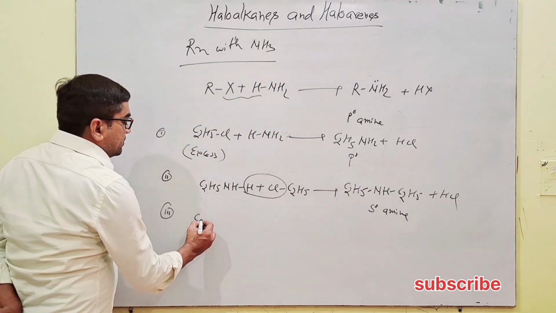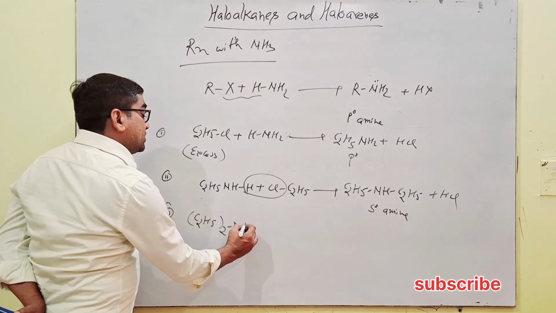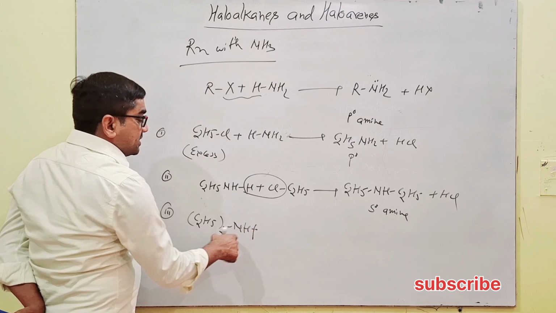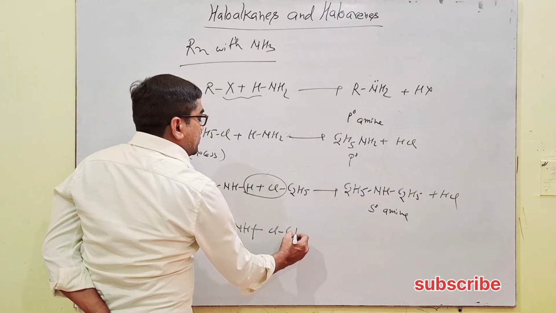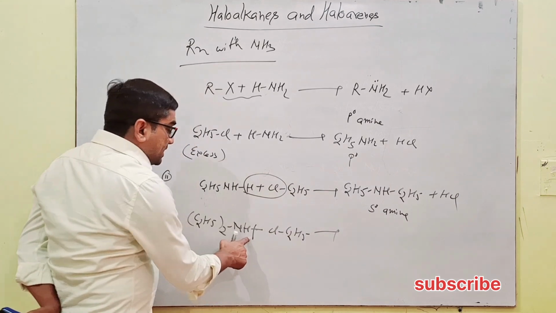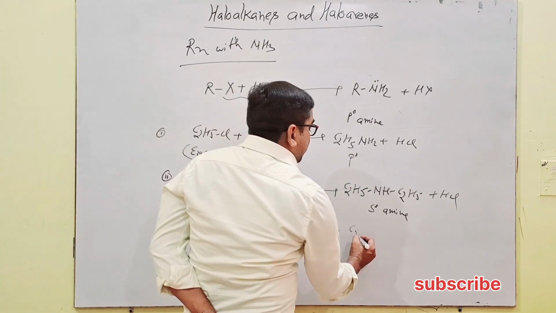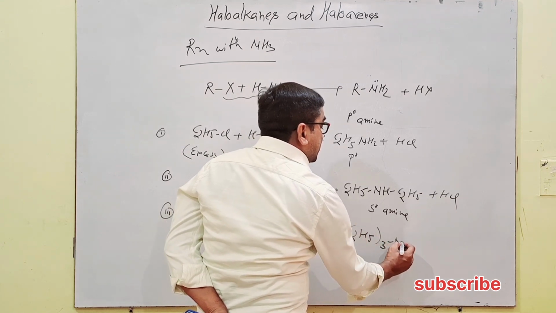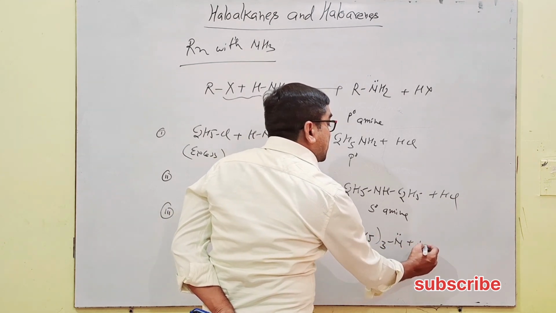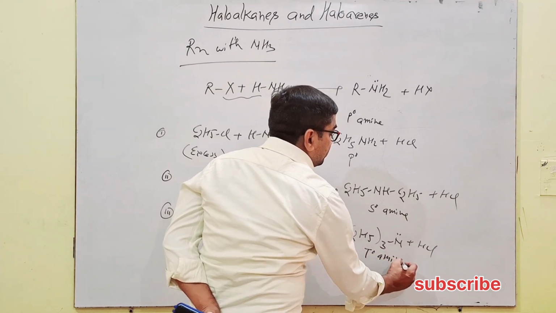Now in the third step, this (C2H5)2NH, the secondary amine, reacts again with C2H5Cl and this hydrogen is displaced, forming (C2H5)3N with elimination of HCl. This is the tertiary amine.